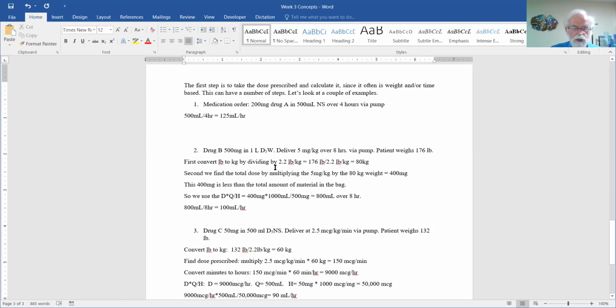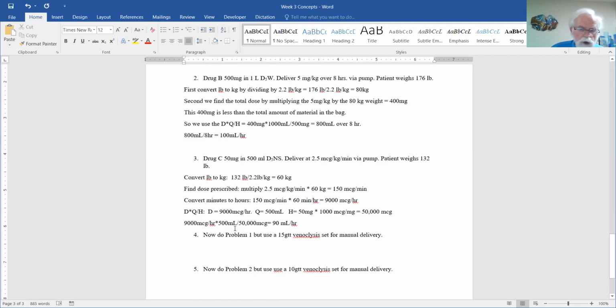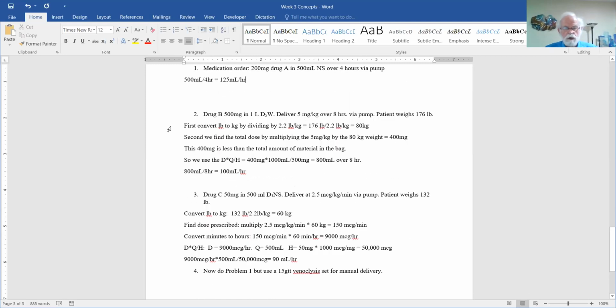So that was the answer. When we go back and do the same calculation, we've already done an important part of it right here. But now we look at this one and we start with dosing at 125 milliliters per hour.